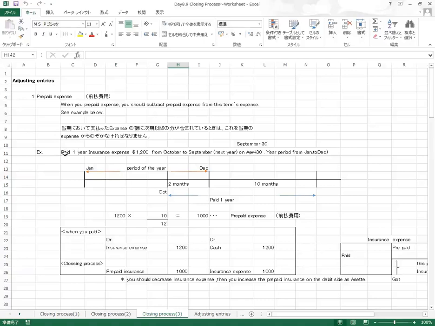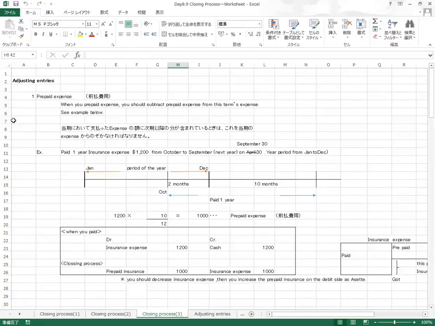For example, January to December, this is the term of the accounting. So you should close December, but you paid from October to next September, paid 1 year. So if you add up this amount of money on December, you pay too much.